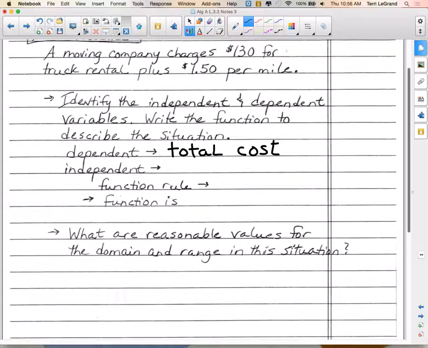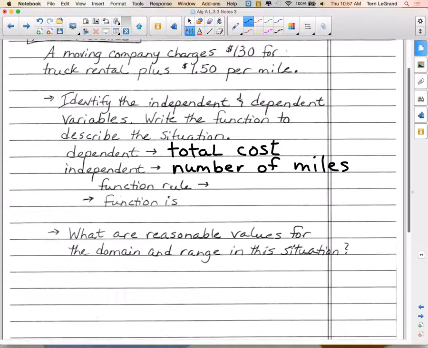What is the independent, what is the dependent variable? It doesn't matter which order you do them in. Notice I put the dependent first only because sometimes it's easier to say, oh, this is what I should get if. And so the independent he said is if I put on so many miles, then I'll know how much it's going to cost to do it.